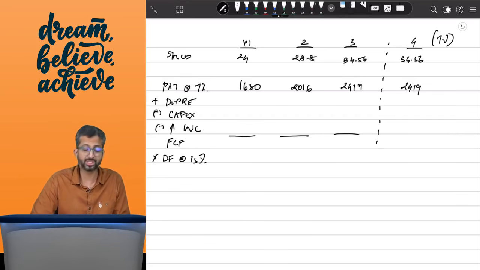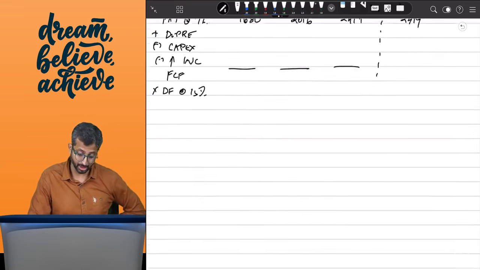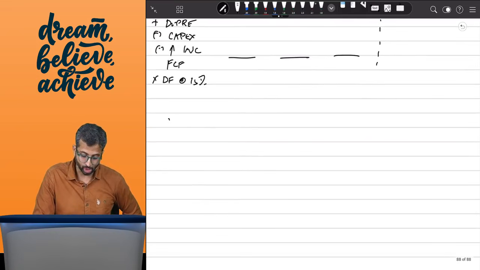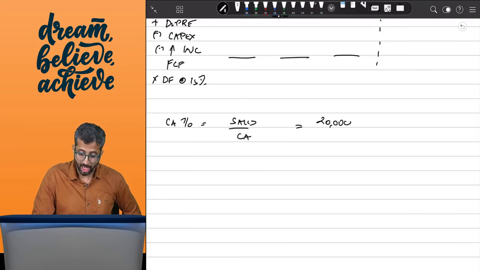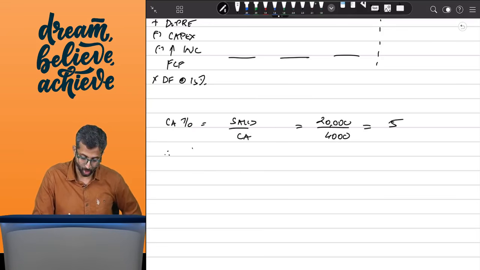But the problem is the question does not tell me specifically regarding capex or working capital, but it tells me that my turnover ratios remain the same. So let us say I had to find the current assets turnover ratio, that is sales by current assets. Existing sales are 20,000, my existing current assets are 4,000, and hence 5 will be my turnover ratio. Therefore, if I want to find current assets for year 1, the turnover ratio remains the same.